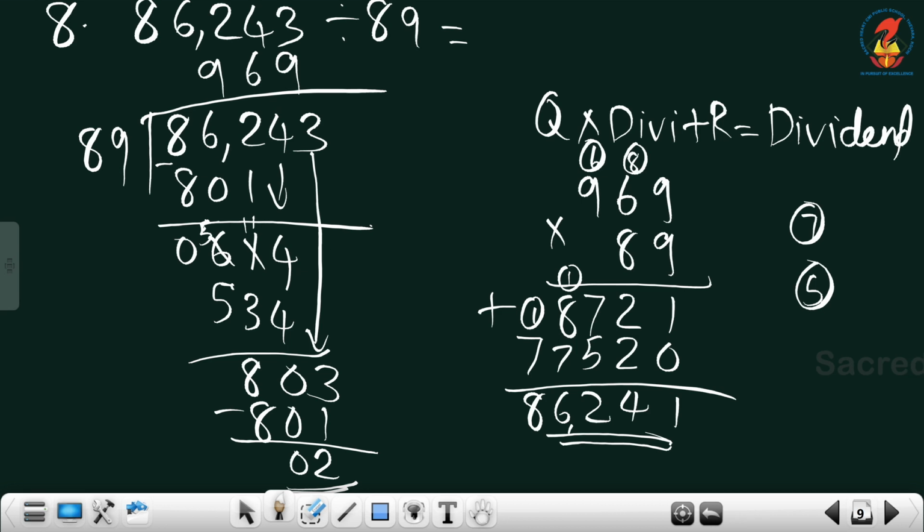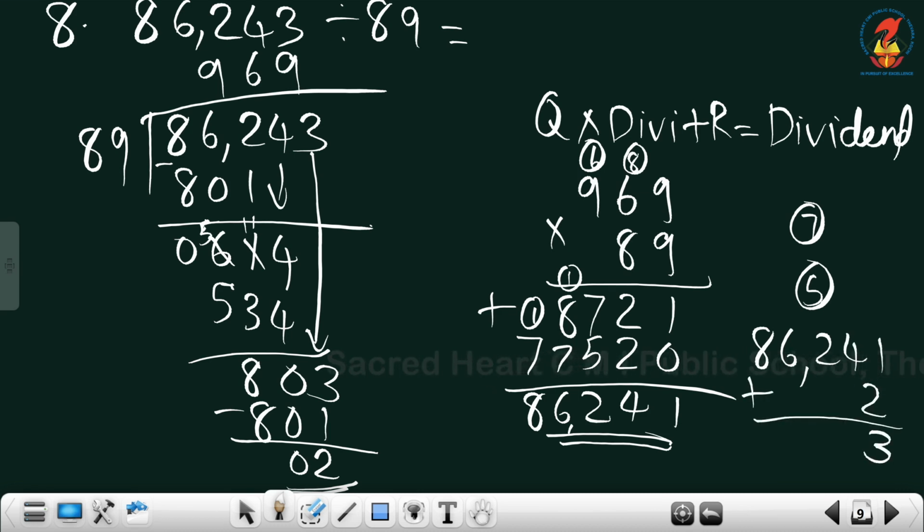But I need to add this remainder also. 86,241 plus 2. 3, 4, 2, 6, 8. Which number did I get? I got 86,243. See, check. That is the dividend, right? My answer is correct.